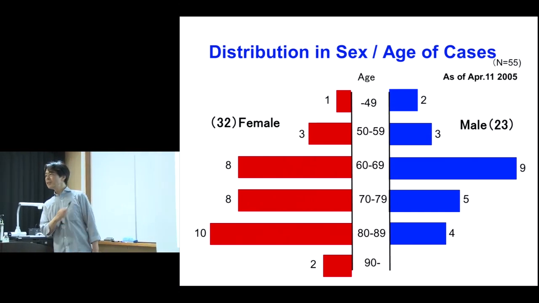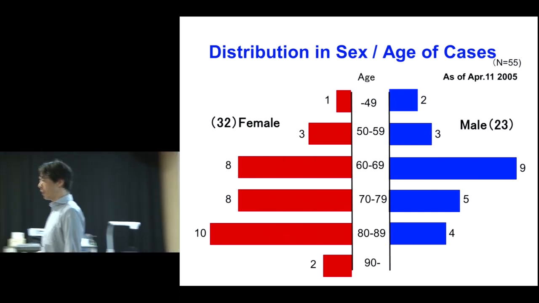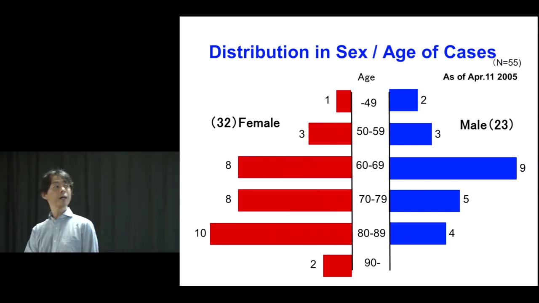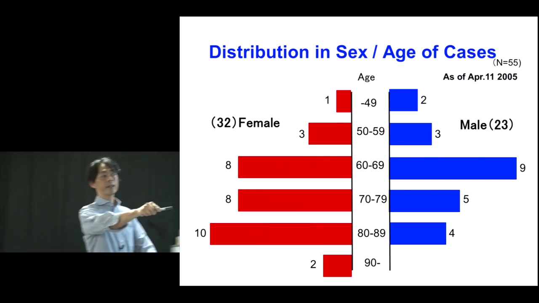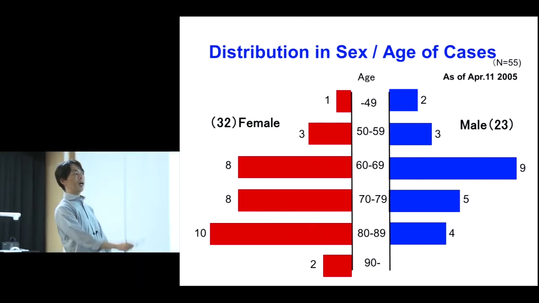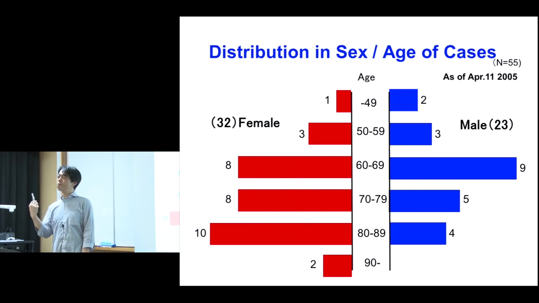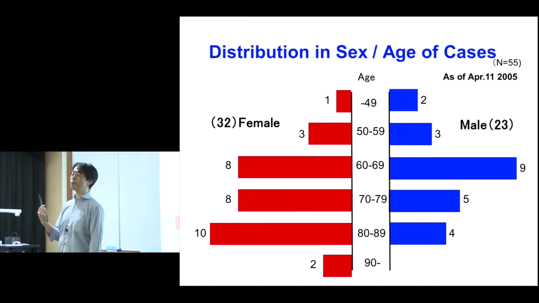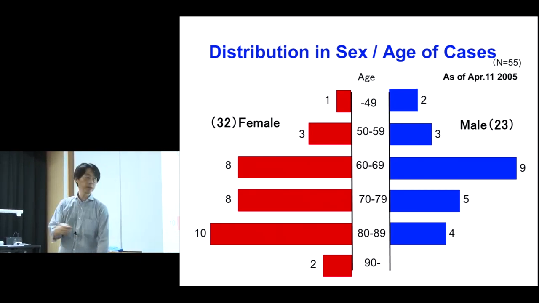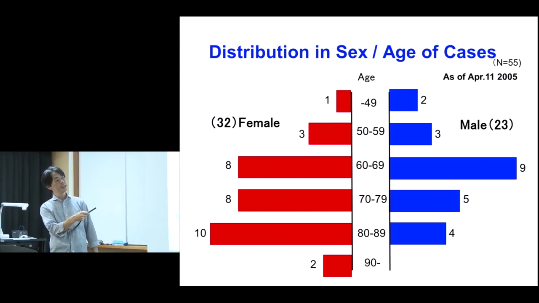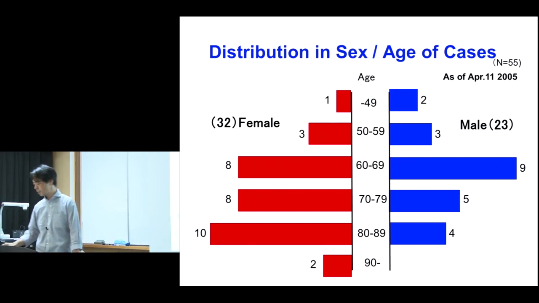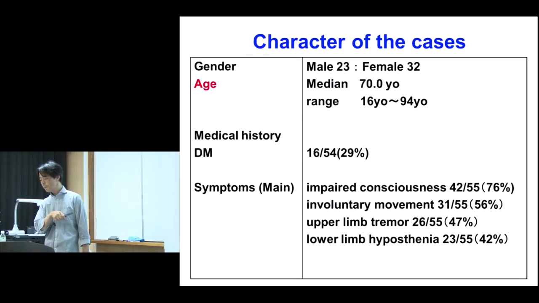As the newspaper said, the patients were elderly, more than 50, more than 60s. Maybe based on the population pyramid of Japanese elderly, the female count is higher, 32 female and 23 male. Less than 45 is very few in the younger generations.